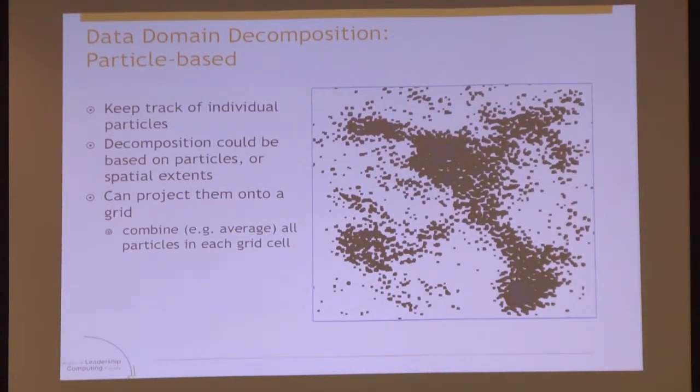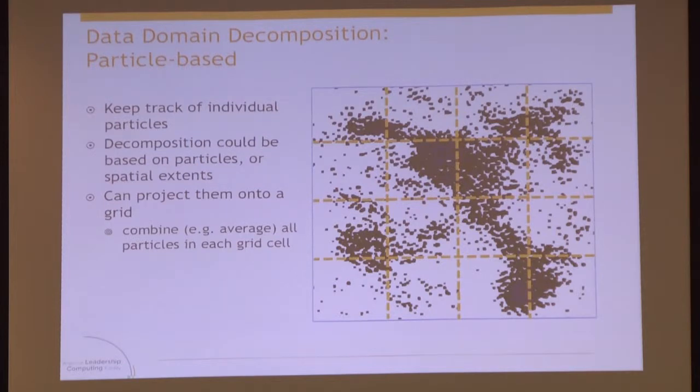Another data decomposition scheme, for instance, is for particle-based data. So there's a case where you're keeping track of individual particles. Each particle carries some information about itself as it moves through the domain. And so computationally, each process could be responsible for some number of particles, no matter where they're located in the domain.